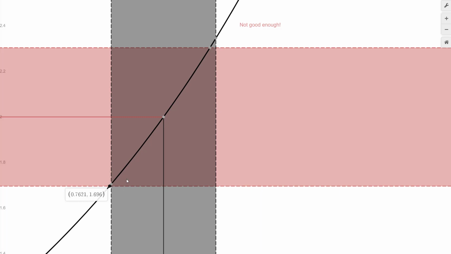That's delta 1. That tells me, had I chosen that delta, that all of the x values that are less than x equals 1 would have y values along this curve inside the epsilon band. However, choosing a delta that size means that there are some y values that occur outside of our epsilon band.